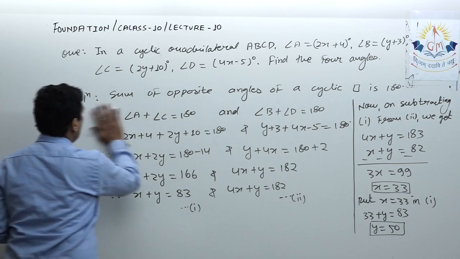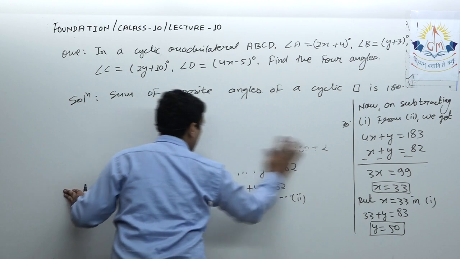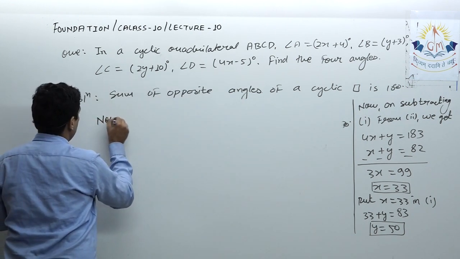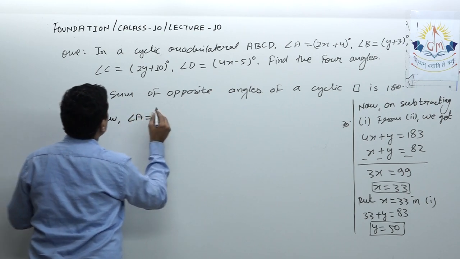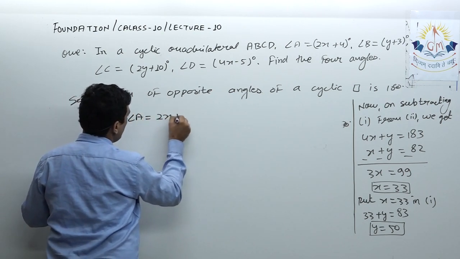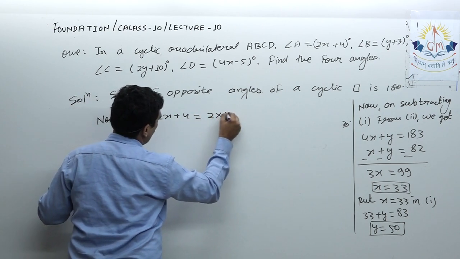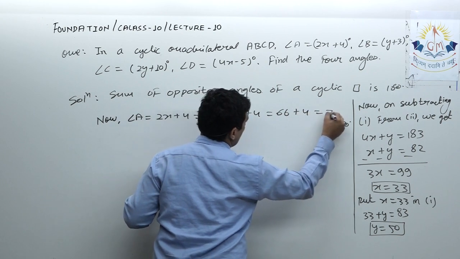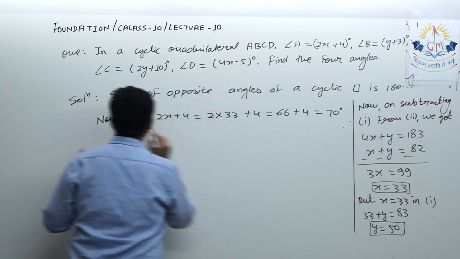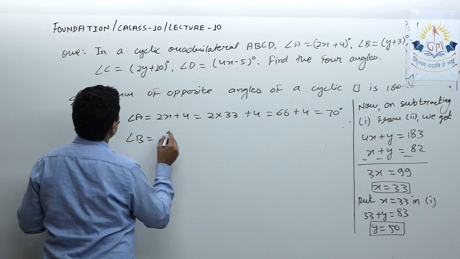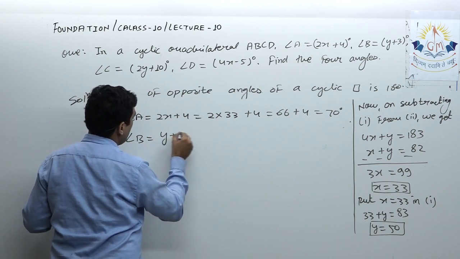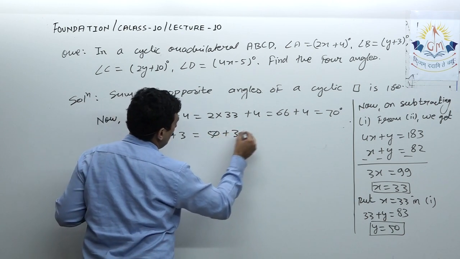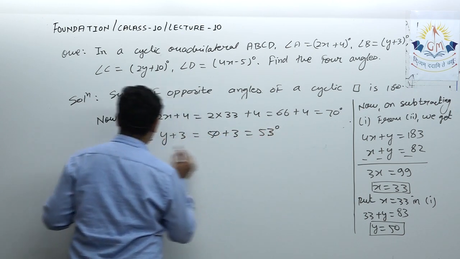Okay, so finally we'll get the values of these angles. Let us see. So now angle A is equal to 2x plus 4, that is 2 into 33 plus 4, that is 66 plus 4, that is 70 degrees. Angle B is equal to y plus 3, that is 50 plus 3, so 53 degrees.